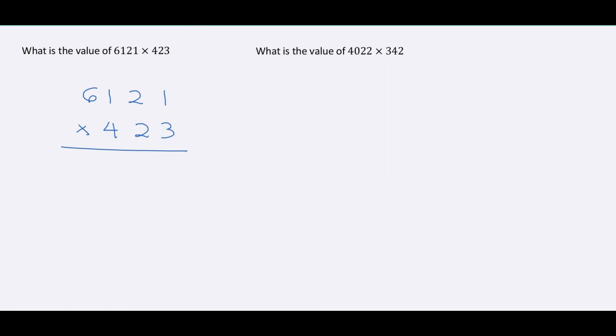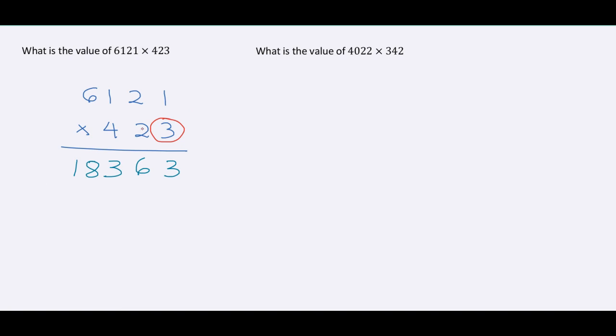We start from the right-hand side. 1 multiplied by 3 gives us a 3. 2 multiplied by 3 gives us a 6. 1 multiplied by 3 is 3, and then 6 multiplied by 3, we have 18.